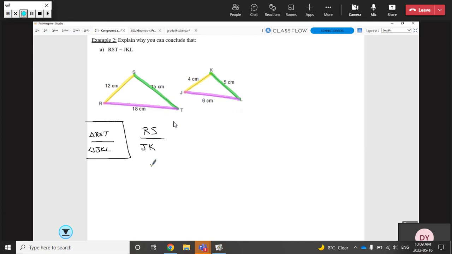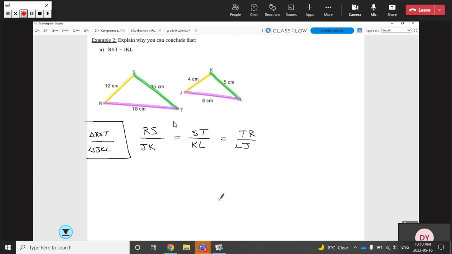We're going to create a ratio out of those side lengths. And then if they're similar, they should all be equal. So we're going to write equal to ST corresponds with KL. All right, the green ones. And that ratio should be equal to TR, that corresponds with LJ.